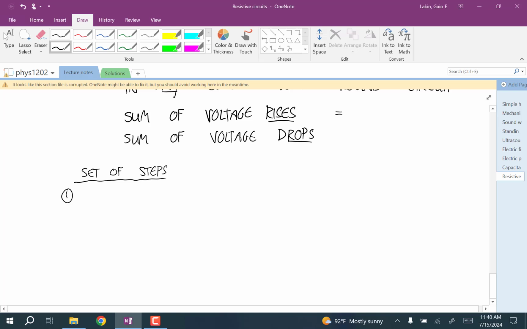So first, I'm going to represent all the voltages in the resistors. Okay, so the first thing I'm going to do is guess my directions.